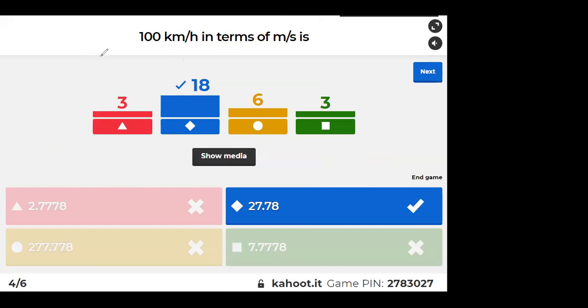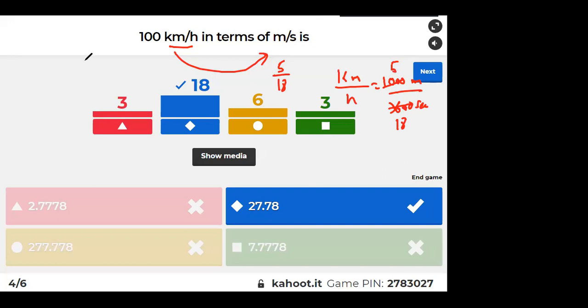Kilometer per hour into meter per second, so 5 by 18. Many people get confused about this. Whenever you are confused, kilometer per hour is equal to 1000 meter by 3600 seconds. You don't have to remember, you can just calculate. So it is 5 by 18, dividing by 200 it is 500 by 18.